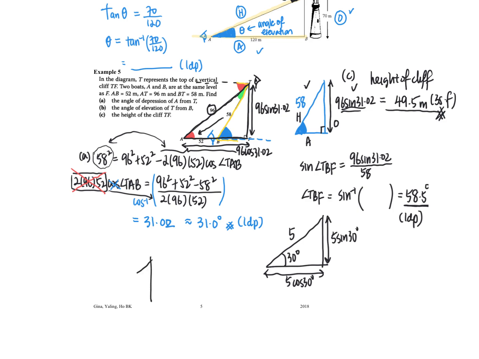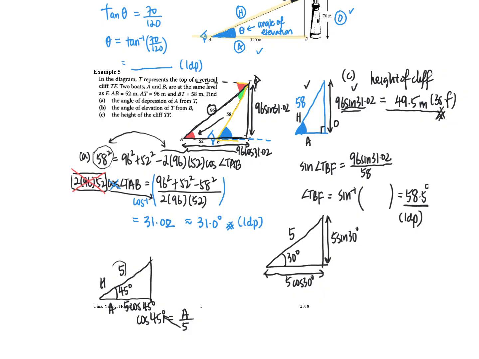If you don't believe, let's say I randomly do this. Let's say this is 5 hypotenuse. I want to find A, so cosine 45 is A over H. Isn't A 5 cosine 45?